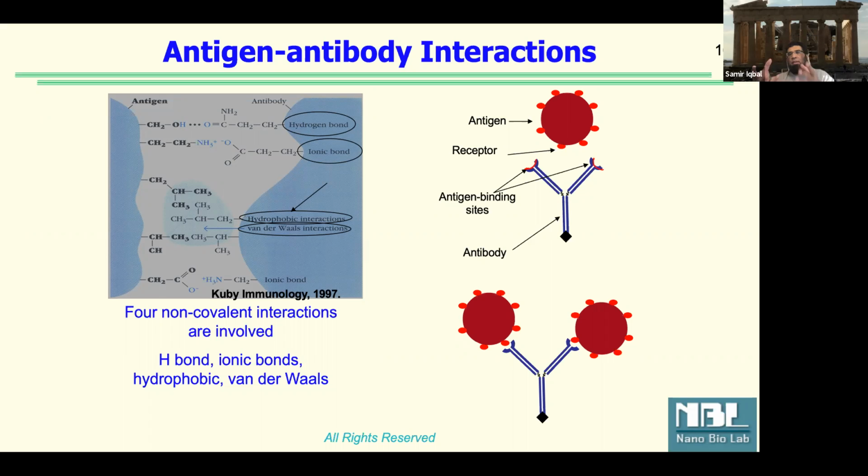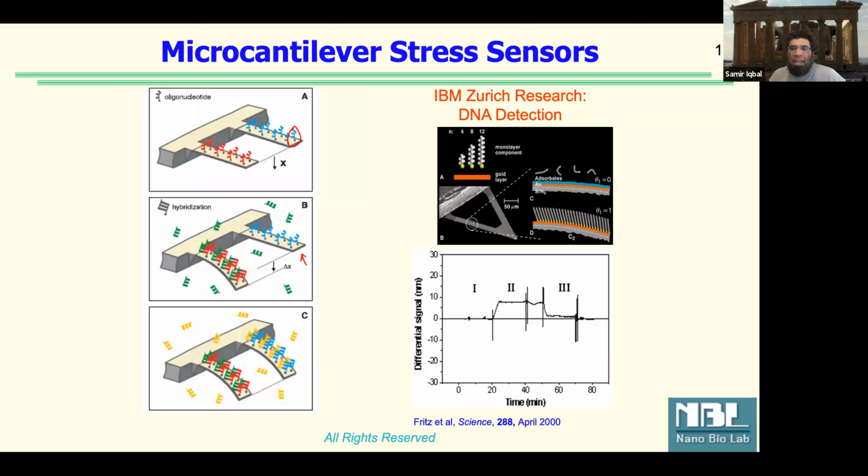So we take advantage of this affinity and we coat our devices. Some devices we can readily understand, some devices may be a little bit complex in their design. So here's one device, cantilevers. A cantilever is a very small micro-scale jumping board.